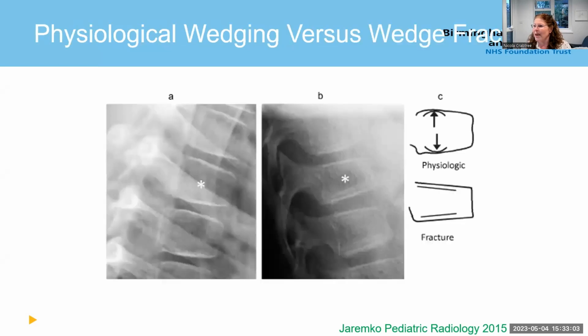Versus physiological wedging, we can see here that this slight bulge in the posterior end, this is normal development. This is vertebral fracture, where you can see clear end plate diversion from parallel. So they've lost the parallelism between the adjacent vertebrae.